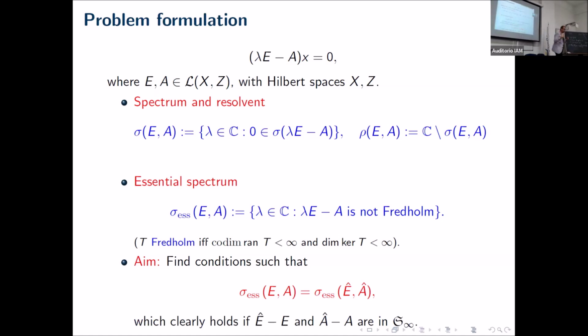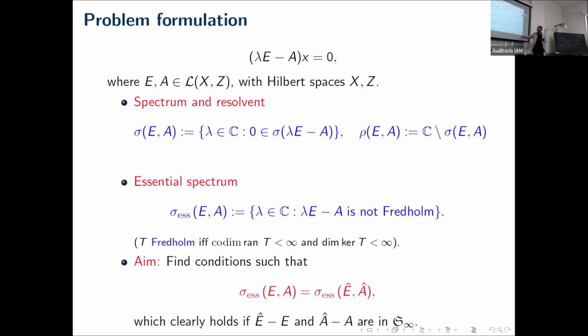I form the corresponding pencil, and I look at the essential spectrum. I ask myself, please give me assumptions, conditions for E and E hat and A and A hat, such that the essential spectrum won't change. And of course, one very easy thing is if the difference is compact.